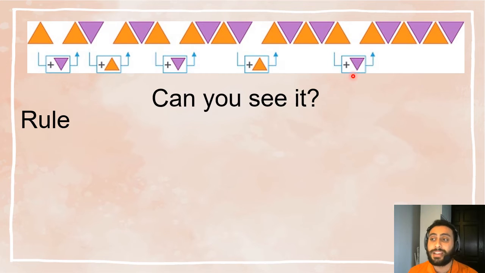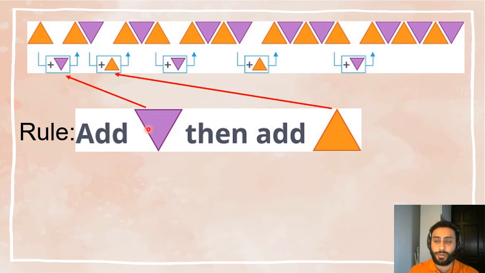So that is the rule of this growing pattern. See, add purple, add orange, add purple, add orange, and so on. So the rule is add purple, then add orange, right?